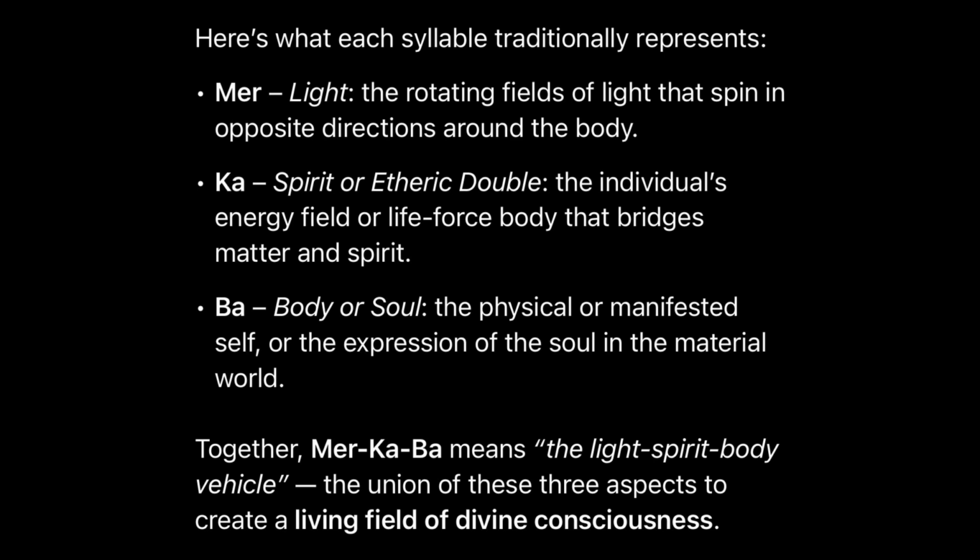And the Ba is the body or the soul, or the physical or manifested self, or the expression of the soul in the material world. So together you get the Merkaba, which means the light, spirit, body, vehicle, and that the union of these three aspects create a living field of divine consciousness.